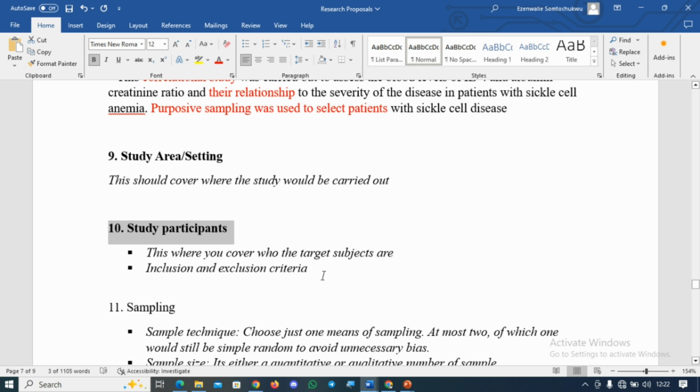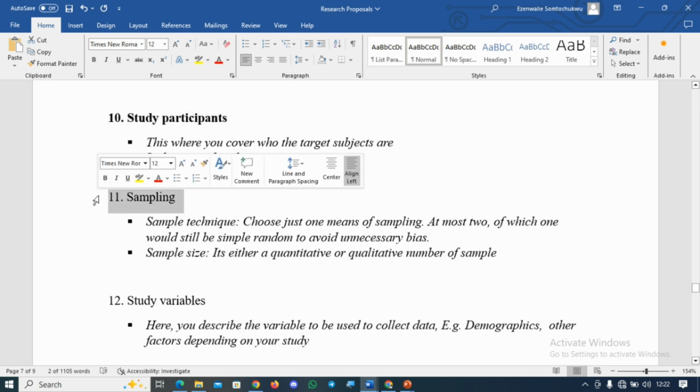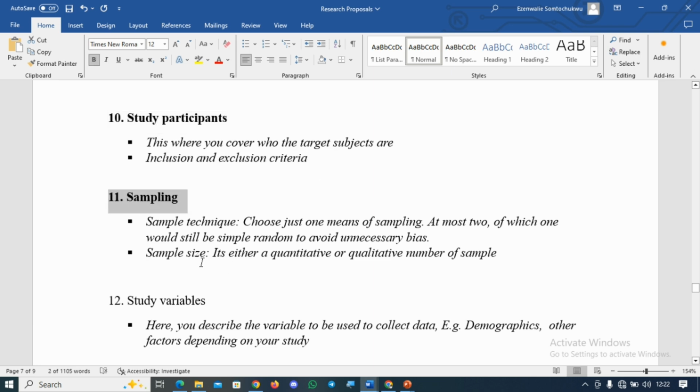And then study participants. This is where you tell us your target audience, who should be included in your study and who should be excluded. This is also where you talk about the sampling techniques to be used. Most of the time I see people making the mistake of using more than 2 sampling methods.